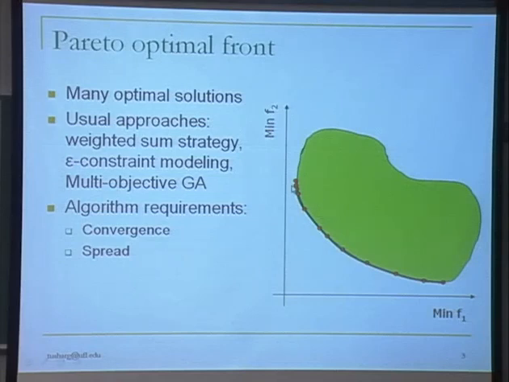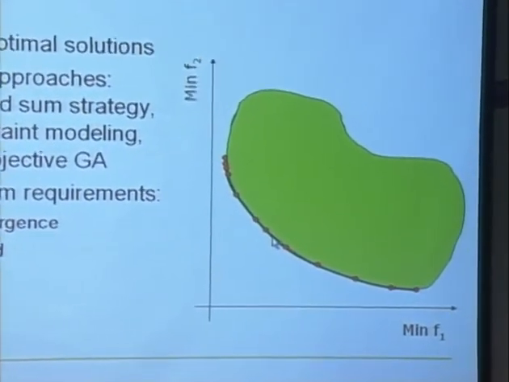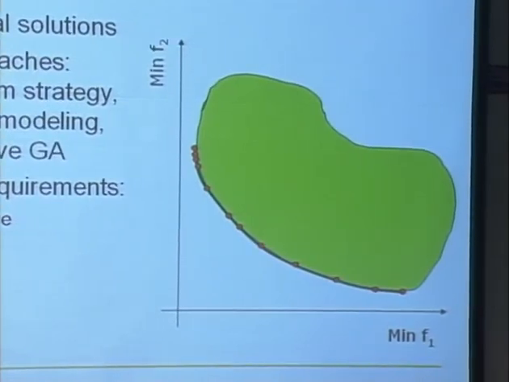In between, all of these solutions, shown by these red dots on this curve shown by the thick line, are optimal solutions. Ideally, we would like to get a uniform distribution of solutions which cover the entire zone from here to here. So, that is what I mean by spread.